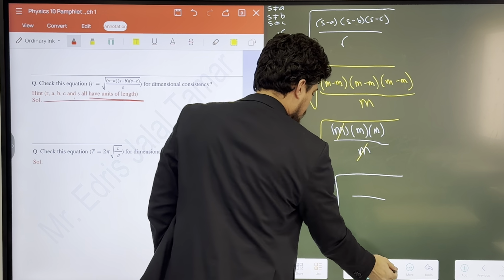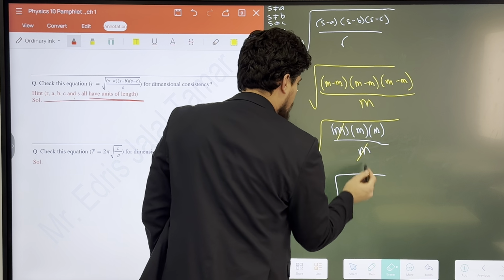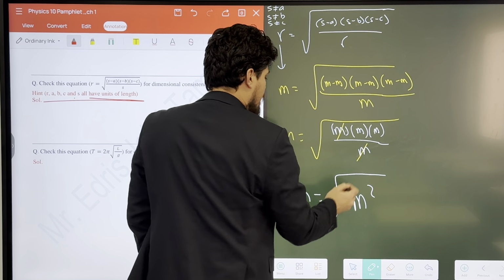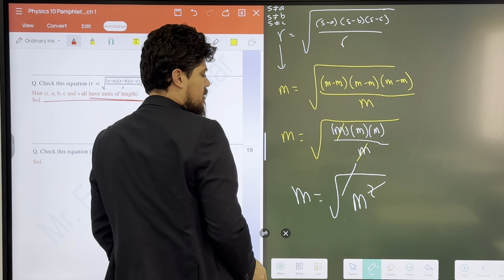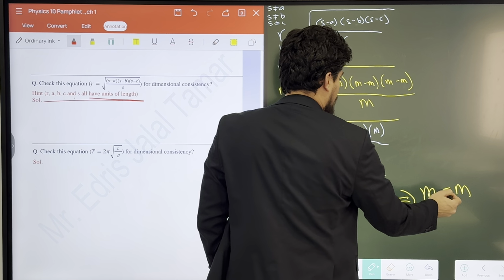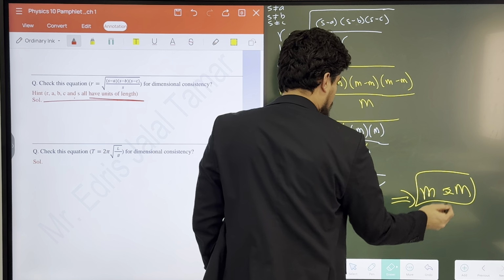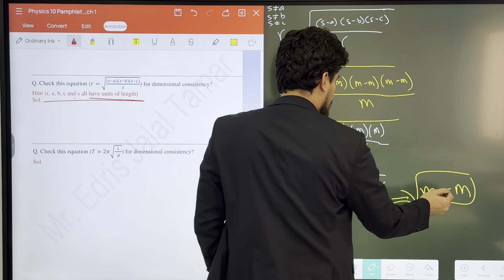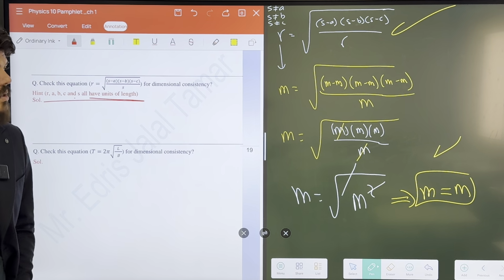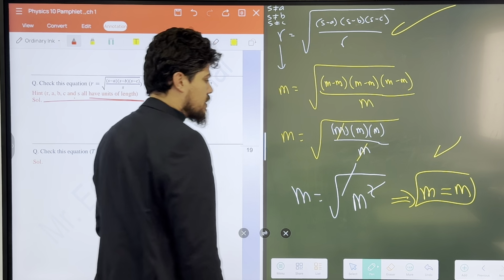M with m cancel. M times m, it's gonna be m squared. Square with the radical cancel. What is remain? M is equal to L. Do they have the same unit? Yes. Same dimension? Yes. Can we say this equation has dimensional consistency? Yes, because they have the same dimension, same unit.